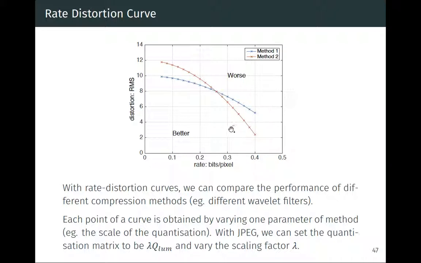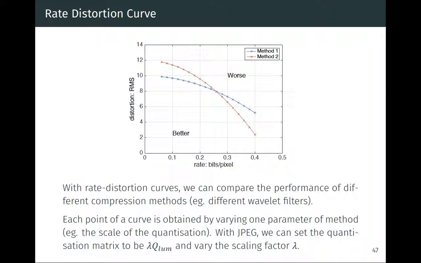And now you can see with these two methods, for instance, that on this section, if you want low entropy, so if you want heavy compression, then maybe you want to use method 1, because that's what gives you the best distortion. And if you don't require such compression rates, then maybe you should use method 2, because method 2 seems to do better in terms of picture quality for lower compression rates.